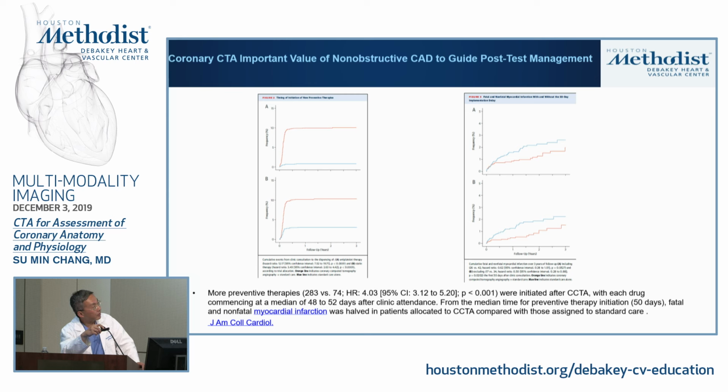So basically, in the first 50 days, the event rate is about the same. After the 50 days, the curve starts separating and probably continues separating afterward. And this is excluding those 50 days, meaning that really the test doesn't change the prognosis. It's really what we do with the test information to change the outcome of the patient.